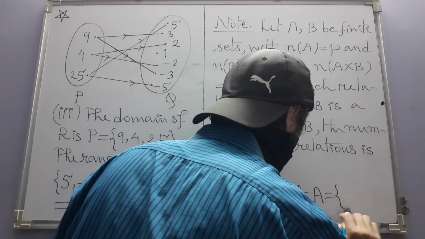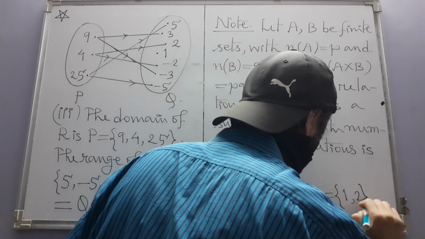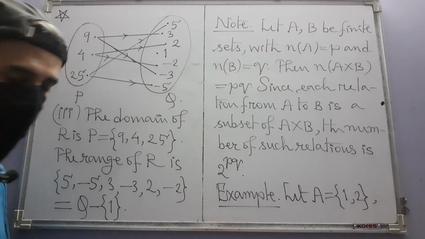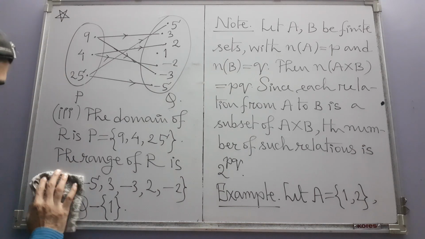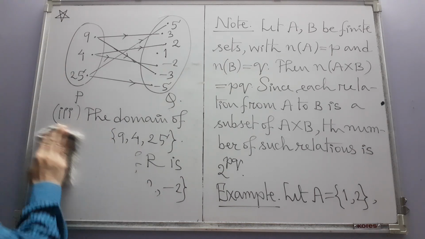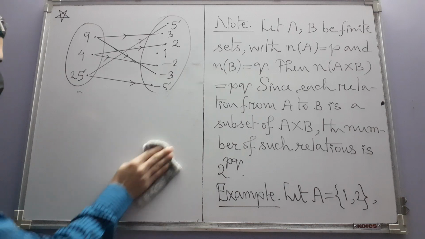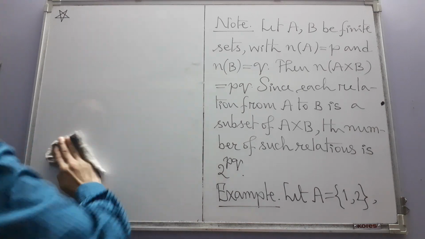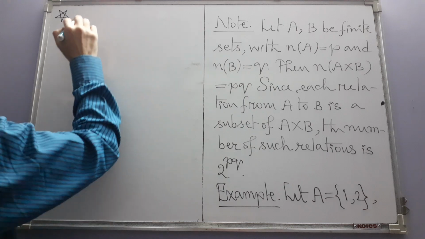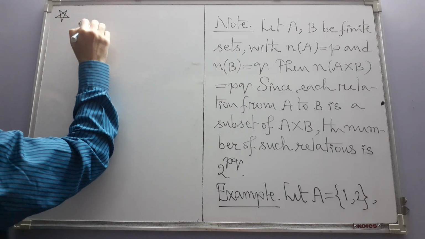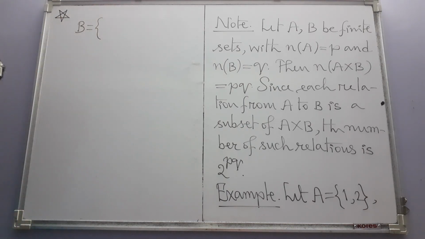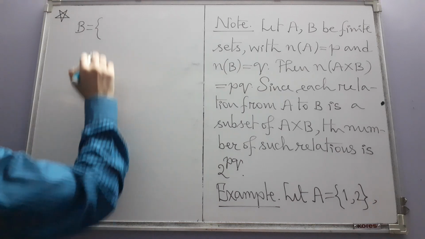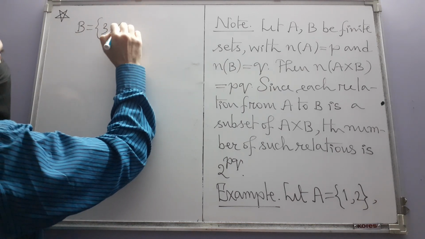Let A be the set consisting of 1 and 2, and B has the elements 3 and 4.